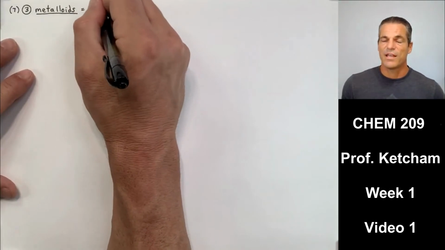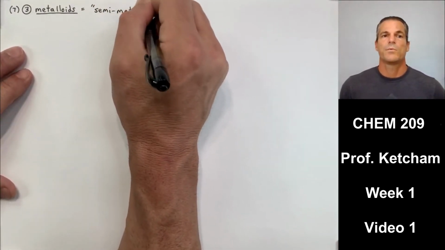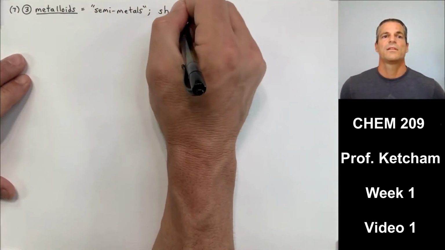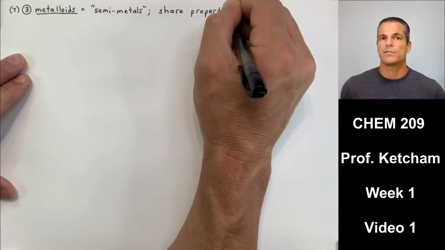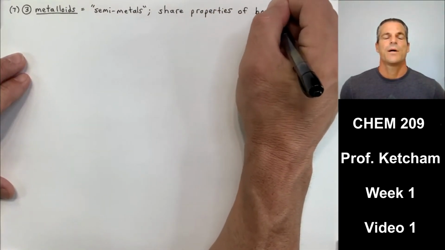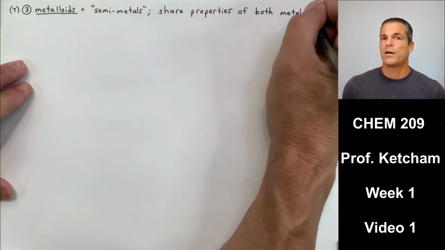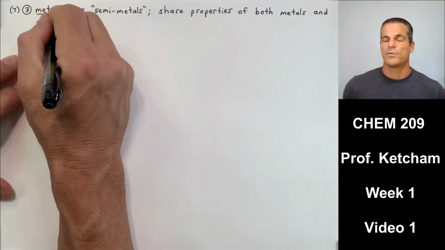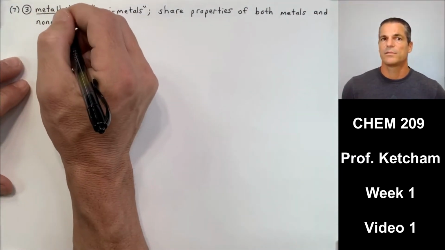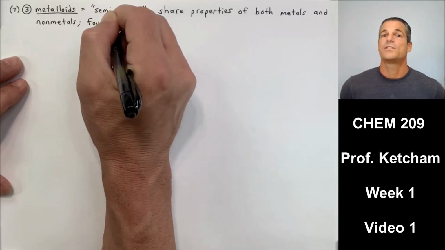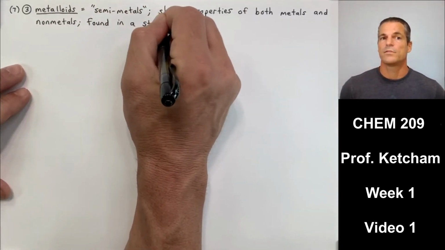And there are 7 of them. You would want to know all 7 of these metalloids. These used to be called semi-metals back in the day. But as you might expect, metalloids being on that staircase, the boundary between metals and nonmetals, share properties of both metals and nonmetals.